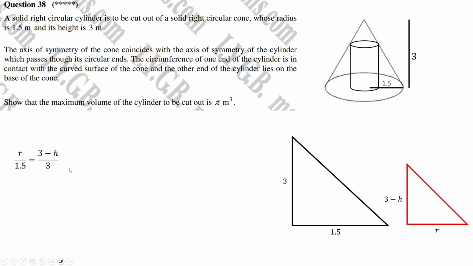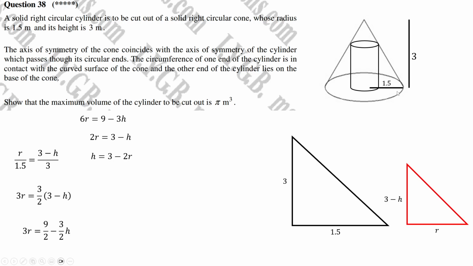I just swapped it around, it doesn't really make a difference. Multiply by 3 over 2 on both sides, and then multiply by 3. You'll get this. Multiply by 2 on both sides, you'll get that. Just rearrange for h, you'll get this.